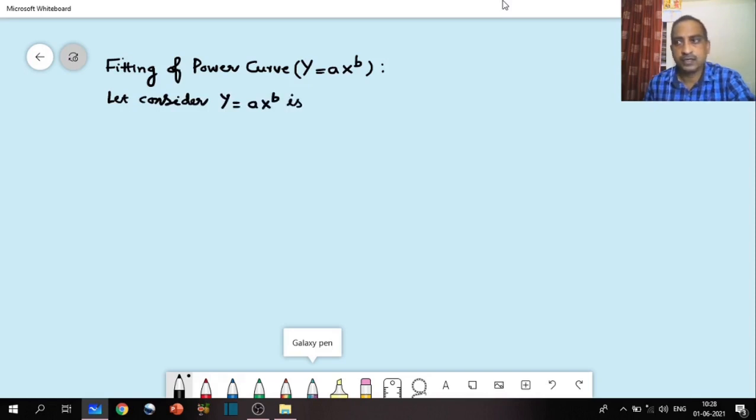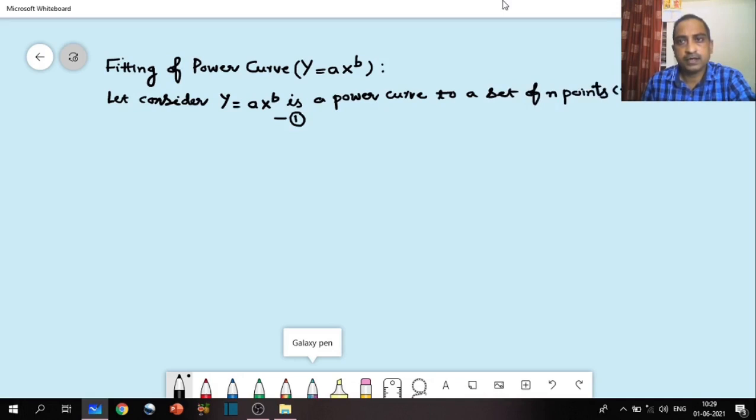This is equation 1, a power curve, fitted to a set of n points (xi, yi), i equals 1 to n.